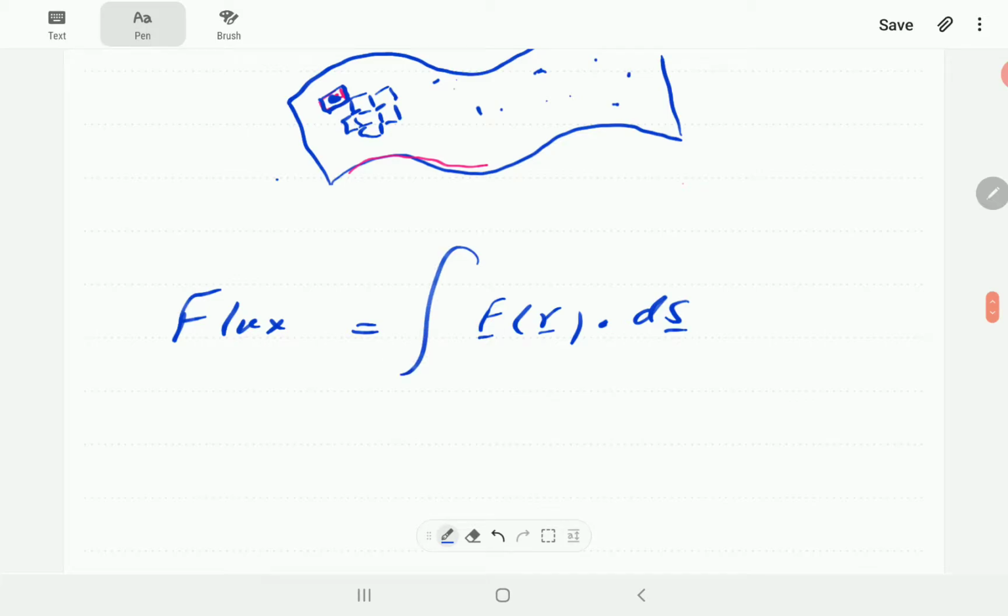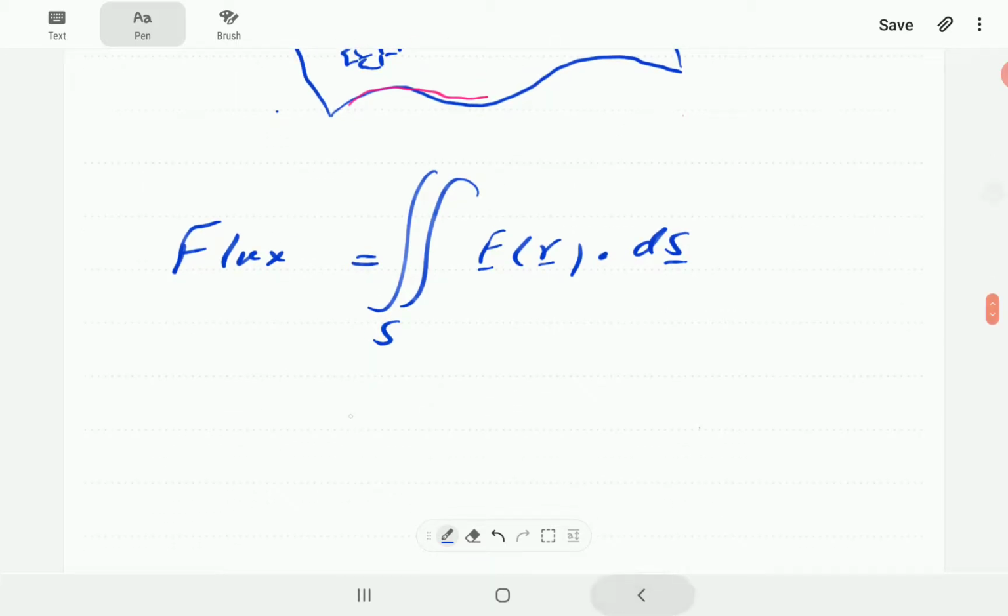So that means our flux is then going to be a surface integral. Now, because it's a surface, this is going to have to be a double integral. So our flux is going to be defined as follows.